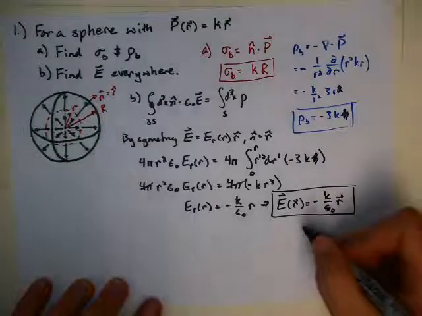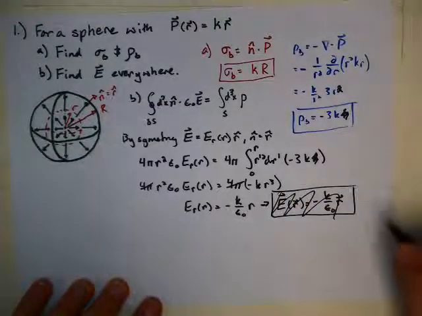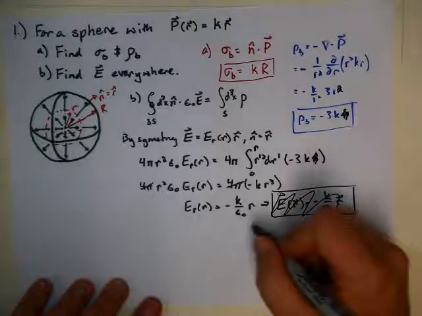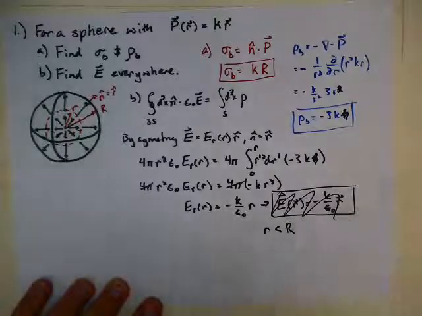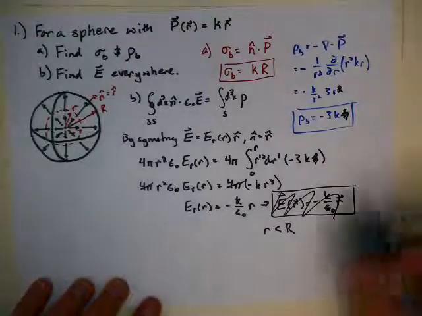Oh, sorry, this is not quite true. This is for r less than capital R. For r greater than capital R, the Q enclosed is 0.